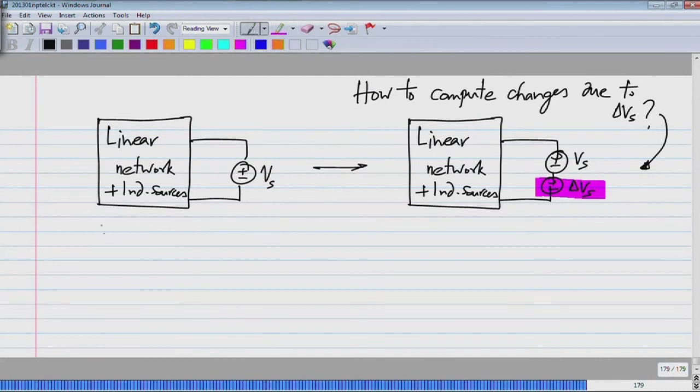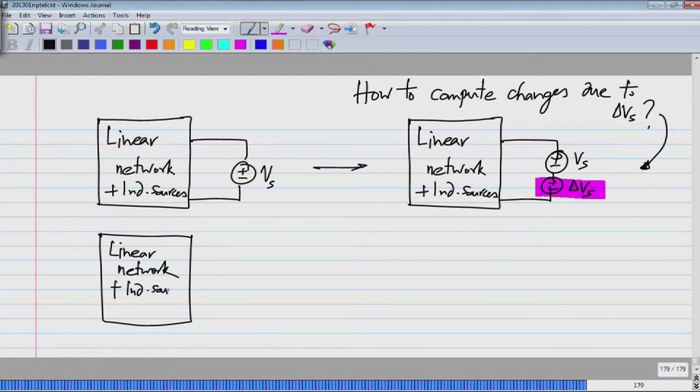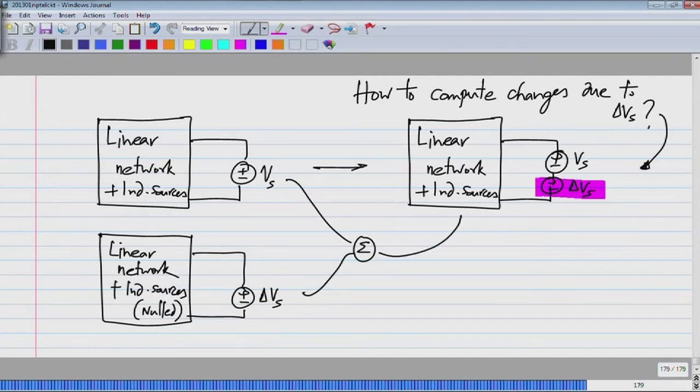So what I have to do is to take the nulled circuit, this is nulled, and Vs is also nulled, and I have only delta Vs acting on the network. Now if you superpose these two, if you take the sum of these two solutions, you will end up with the solution to that one.